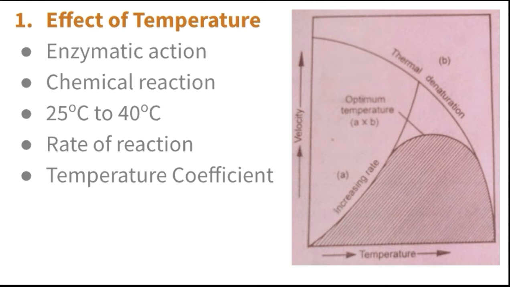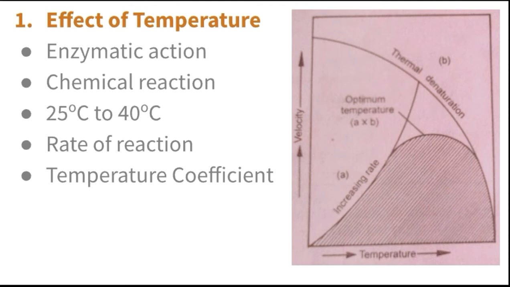This change in rate per unit temperature is termed the temperature coefficient of the reaction, and it is expressed as Q10. So this is the effect of temperature on enzymes.